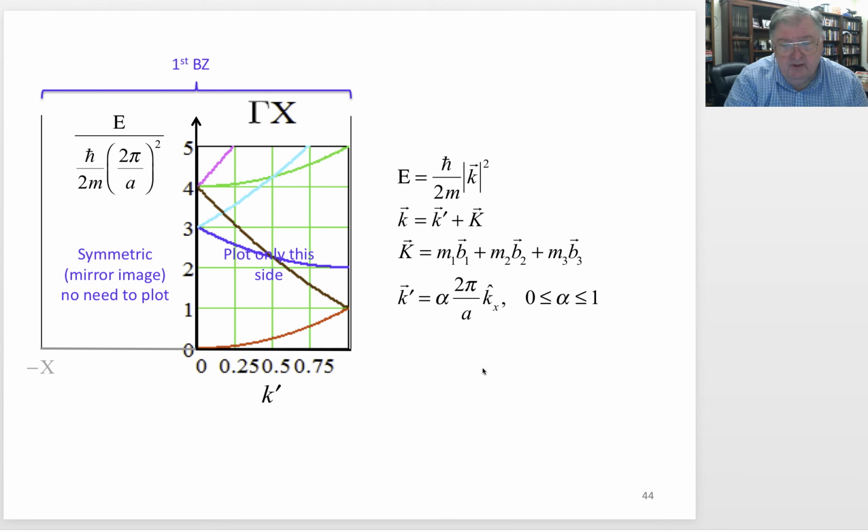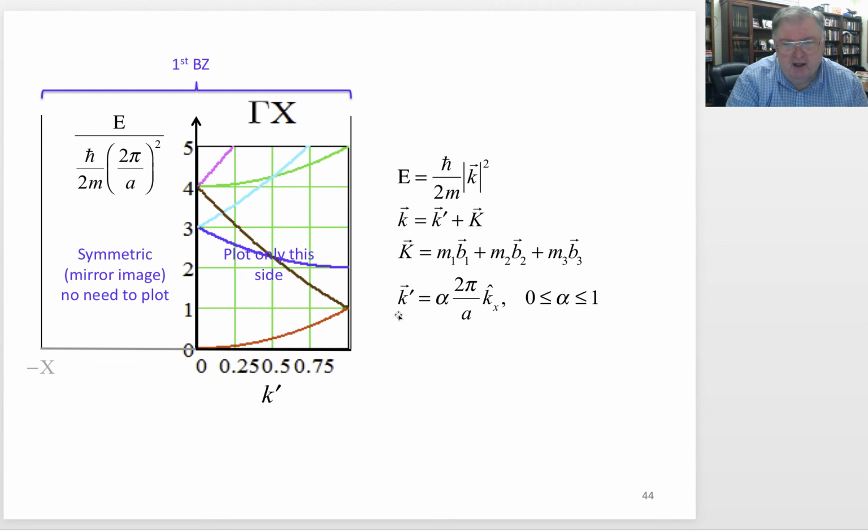And of course, if I wanted to go along this axis from here to here, what is the length of this? Remember, this goes from 0 to pi over a. Here, this is pi over a, and this is 0 to minus pi over a. So the width of the Brillouin zone is 2 pi over a.